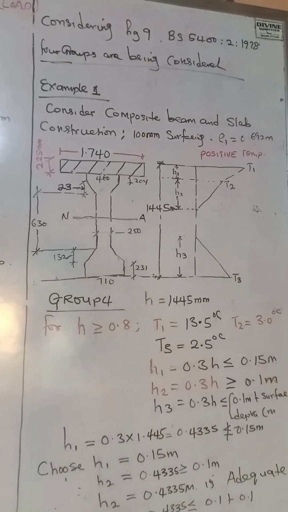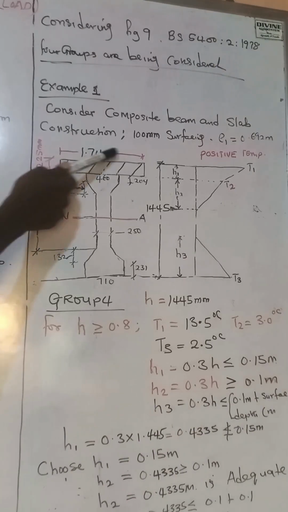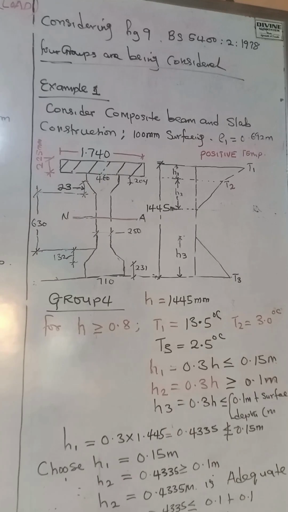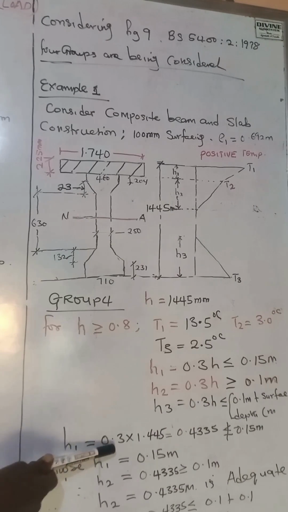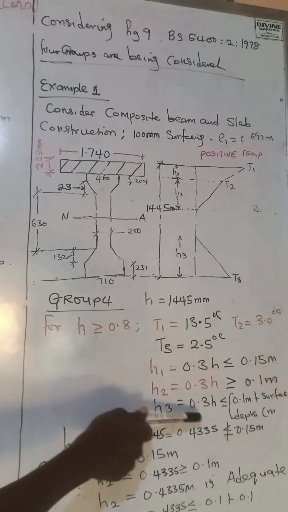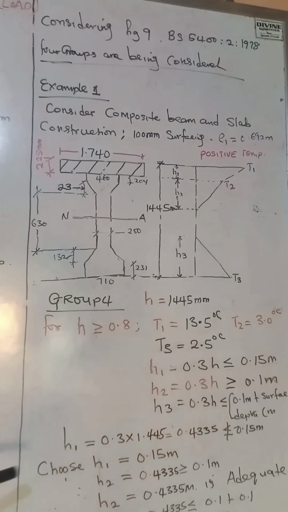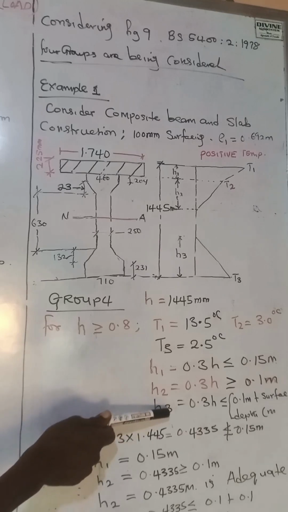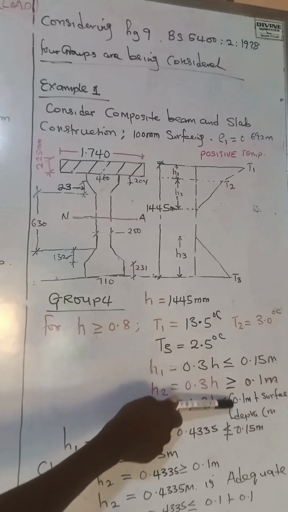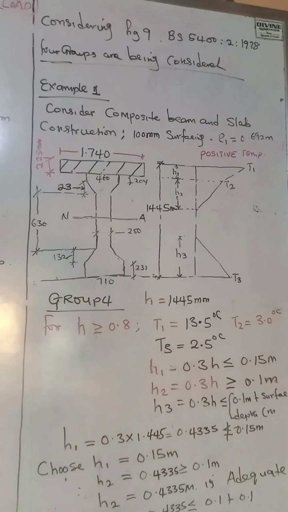In this case, we are assuming that we have asphalt on top of the deck slab, and that asphalt is about 100 mm thick. So if we work that out, 0.1 meter plus an asphalt thickness of 100 mm, we have 0.2 meters. Okay, so we are saying that H3 must be less than or equal to 0.2 meters. So take note of that.